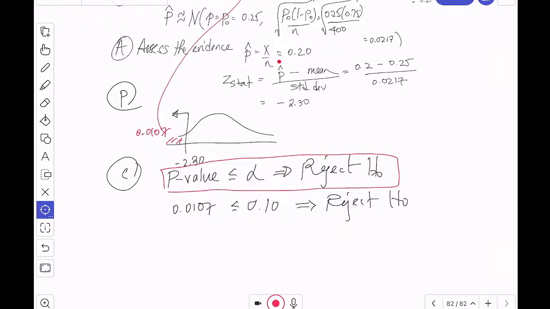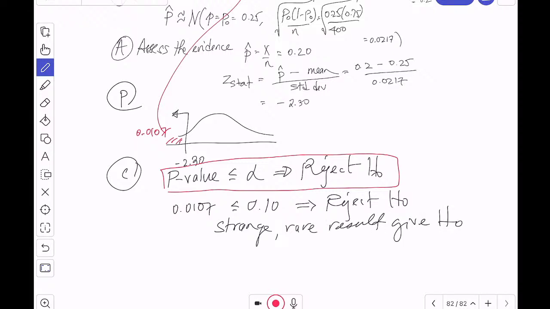Because that was the result here. So that's very strange. It's a strange result. So what's wrong? So given the assumption of 25%, it's strange to get 20%. We've translated it into a 1% chance.